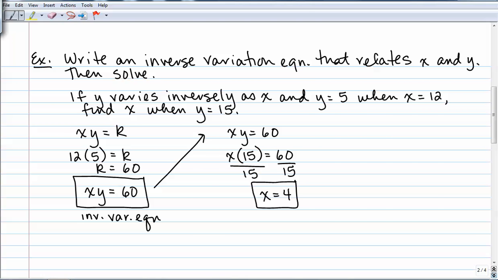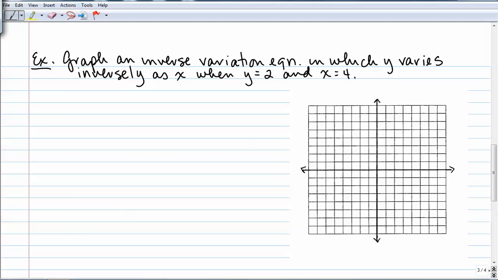Another thing you can do with an inverse variation equation is graph it. And here's an example of a graph that you'll see in the homework. It says graph an inverse variation equation in which y varies inversely as x when y equals 2 and x equals 4. First thing I would like to do is to write the equation so that I can make a table and plug some values in.